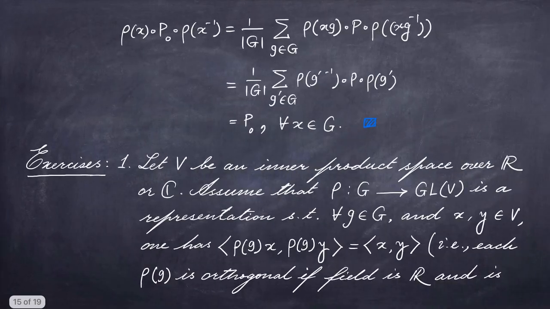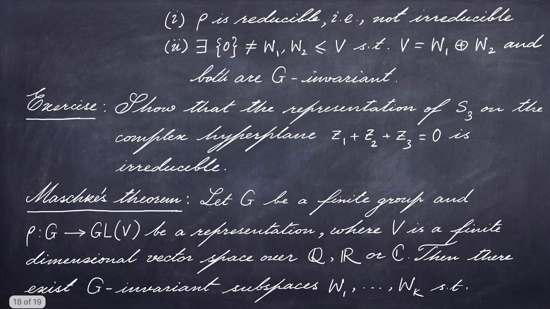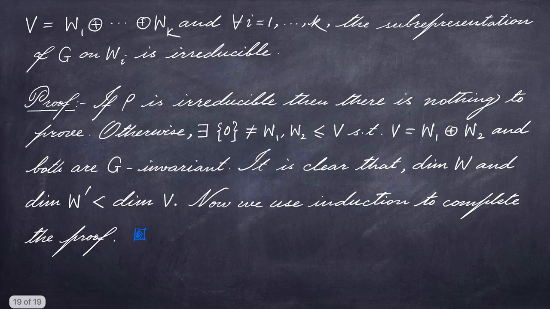However, for representations, this is not the case. One can have different sets of G invariant subspaces such that all the corresponding sub-representations are irreducible. We will see that later on. In fact, let me give you a very trivial example.